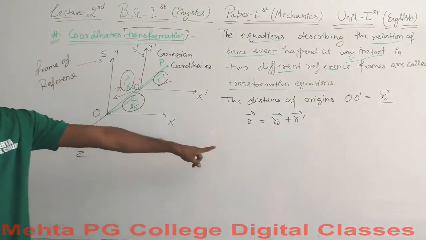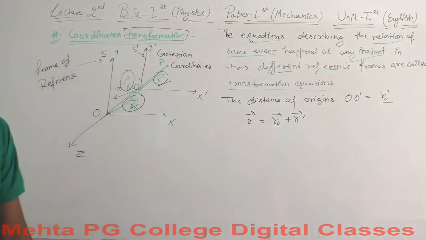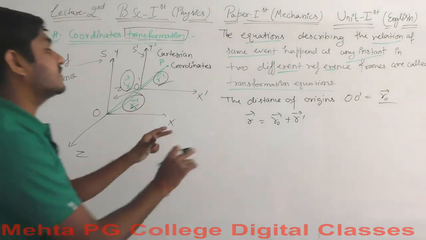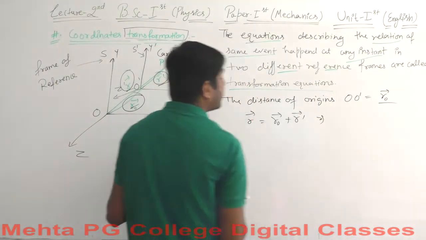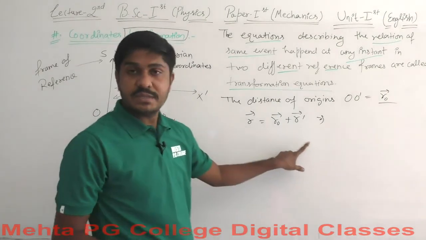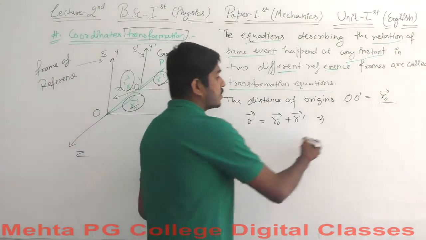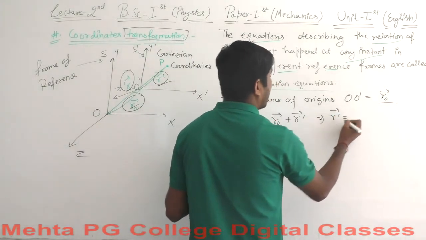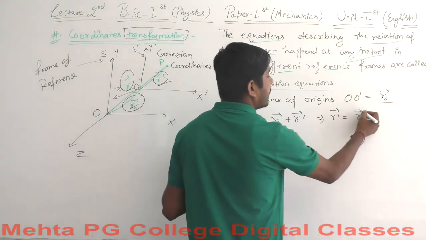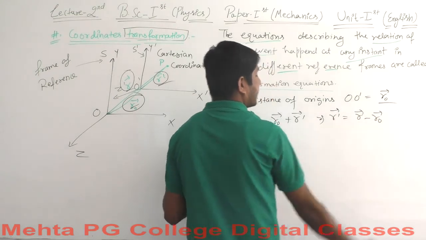Surely this could happen, because we have discussed all these things in our previous lectures. But we need to find R dash here, because R dash is the secondary transformation. So what should be the value of R dash? R dash should be equal to R vector minus R naught vector.